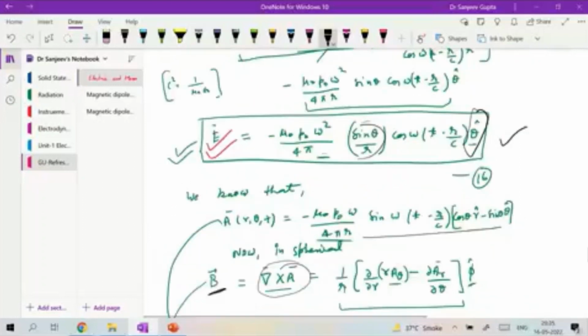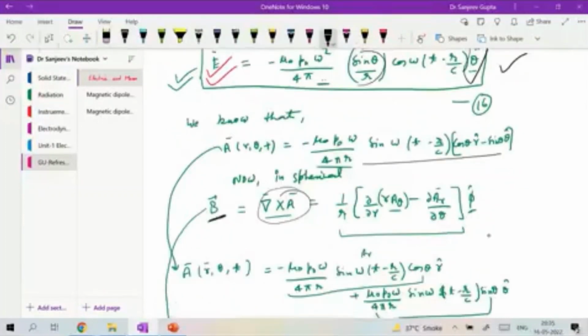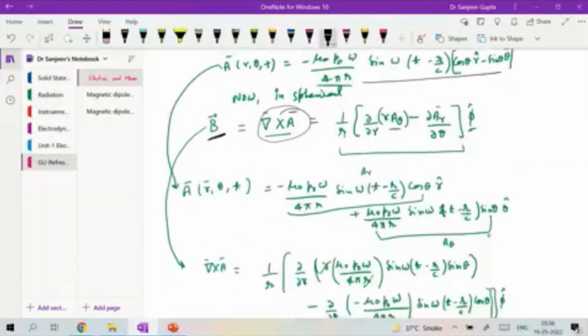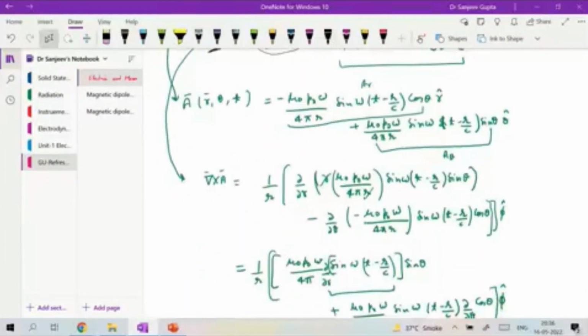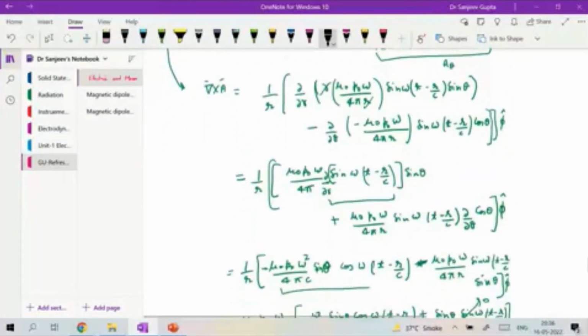Now come to calculating the magnetic field. So del cross A, and for del cross A we can write in terms of 1 by r, del by del r of A theta minus del by del theta of A r, and phi dependent. Once you put everything, you can see this is the A r term, this is the A theta term, and just differentiate and follow my calculation.